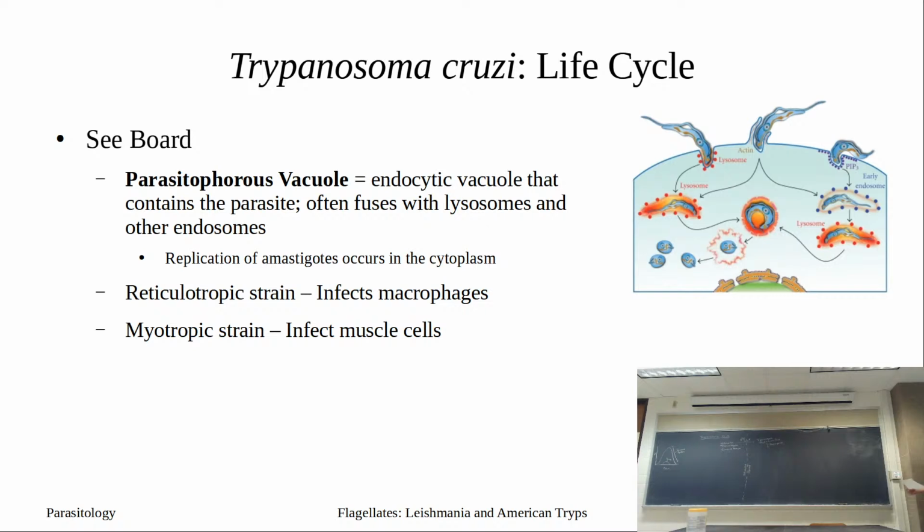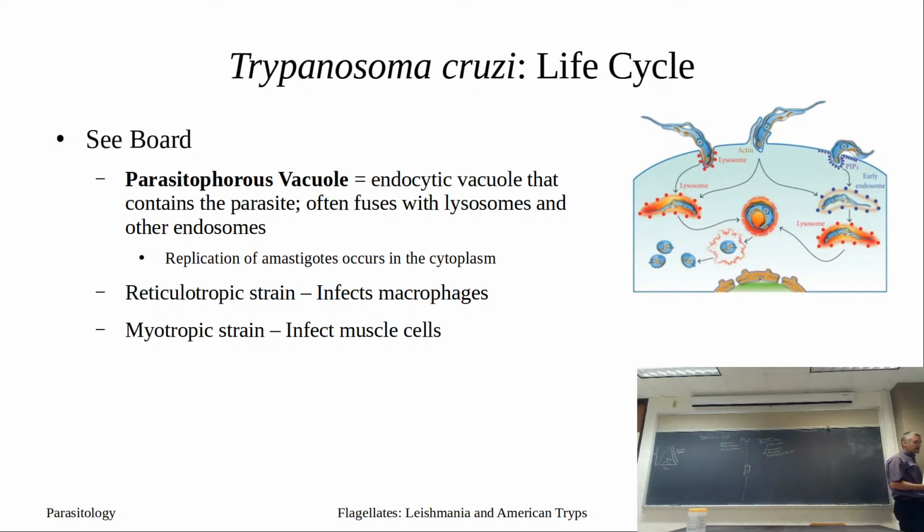There's multiple pathways that ultimately end up with our trypomastigote in a macrophage, in something called a parasitophorous vacuole.